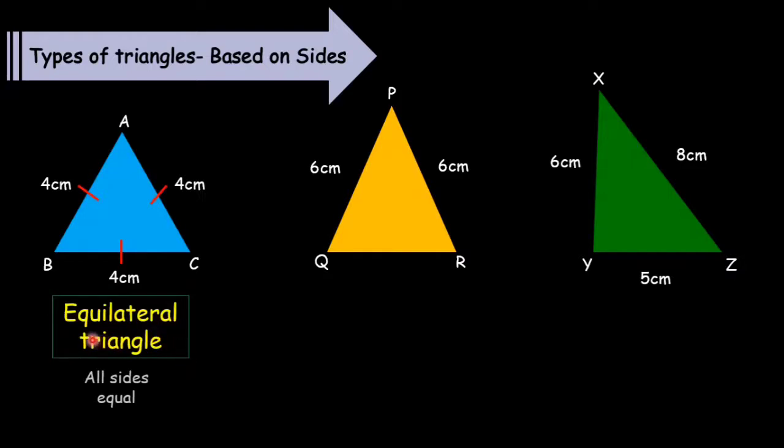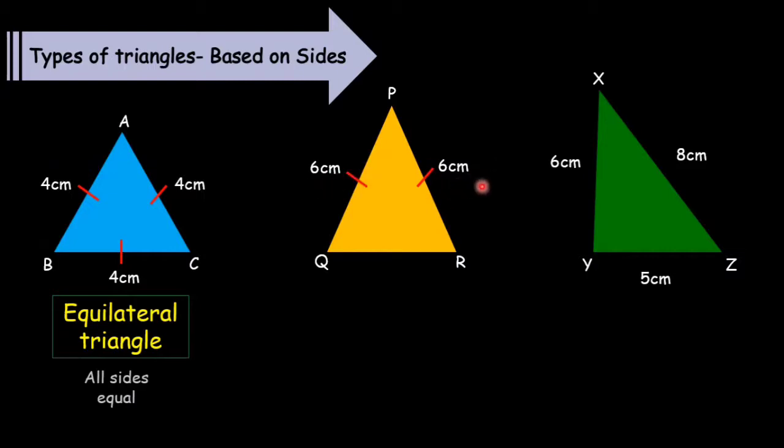The word equilateral itself tells us: equi means equal and lateral means sides. So when all sides of the triangle are the same, we call that triangle an equilateral triangle.